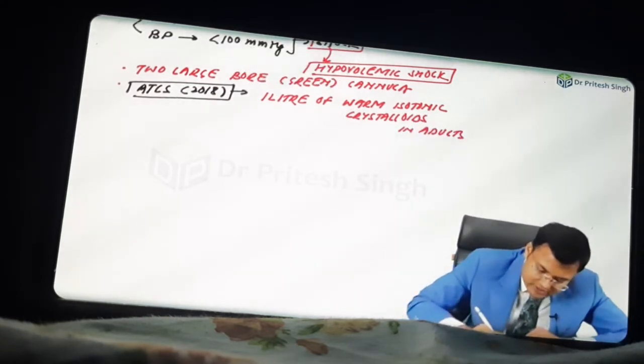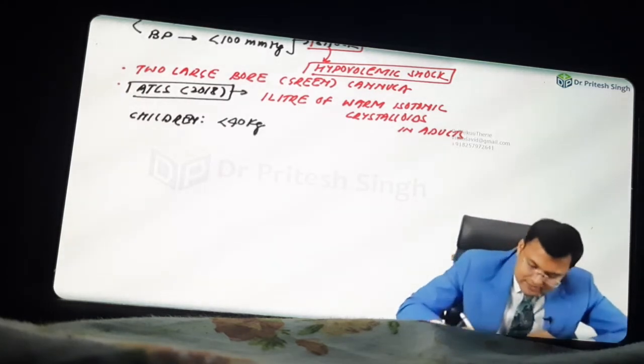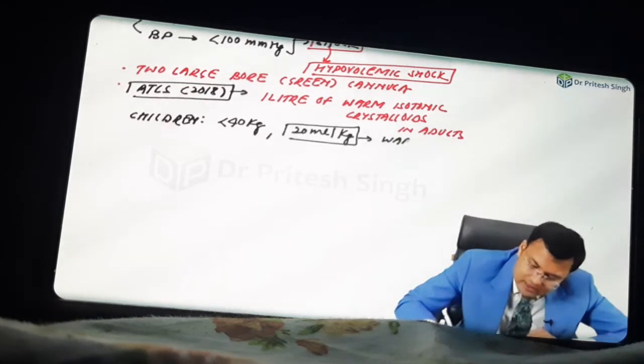And what about children? In children, weight less than 40 kg, we have to give 20 ml per kg of warm isotonic crystalloids.